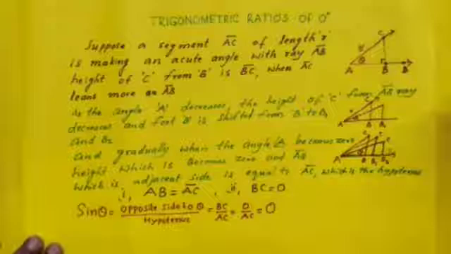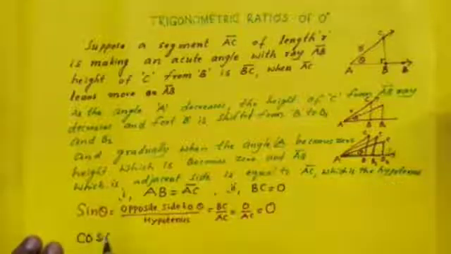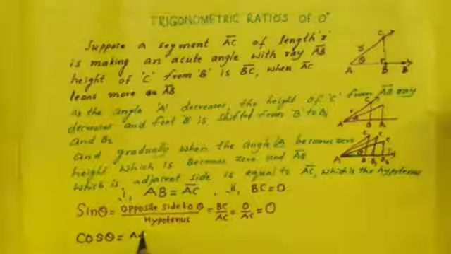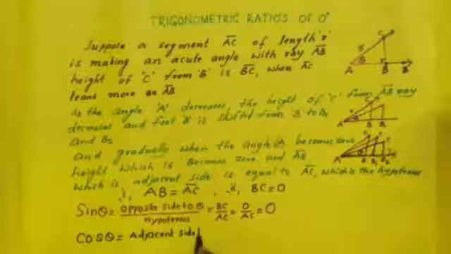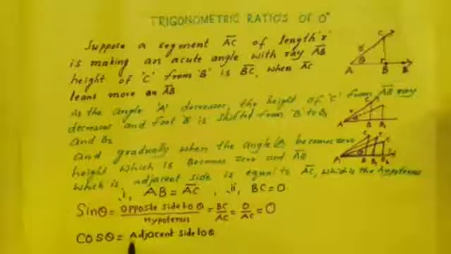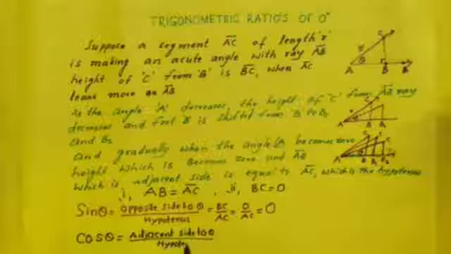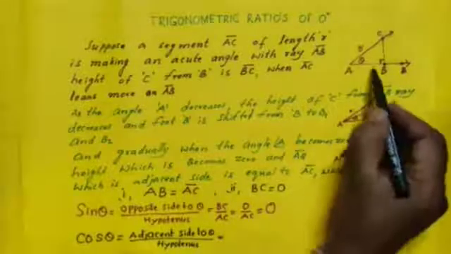Next, cos theta. How can we say cos theta? Adjacent by hypotenuse. Theta's adjacent side is AB.